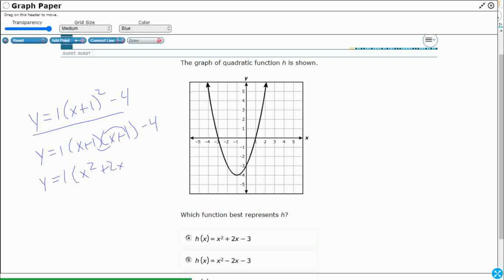And then multiply 1 times 1, plus 1, minus 4. Now we need to distribute out that 1 to everything, which becomes just invisible. X squared plus 2x plus 1 minus 4. That becomes a minus 3. So y equals x squared plus 2x minus 3. And there's our answer, A.